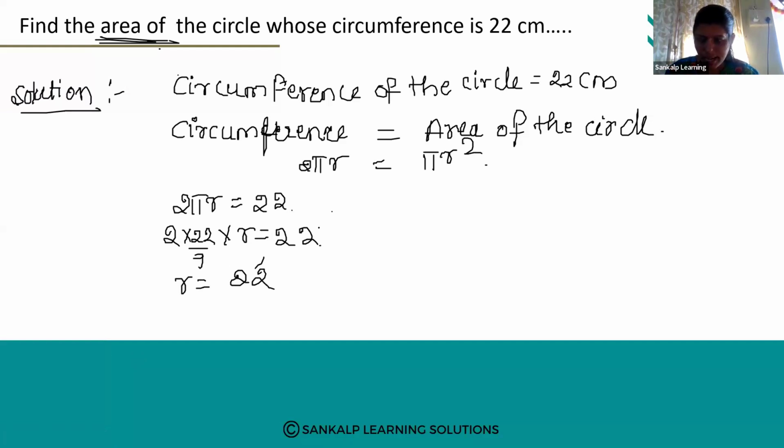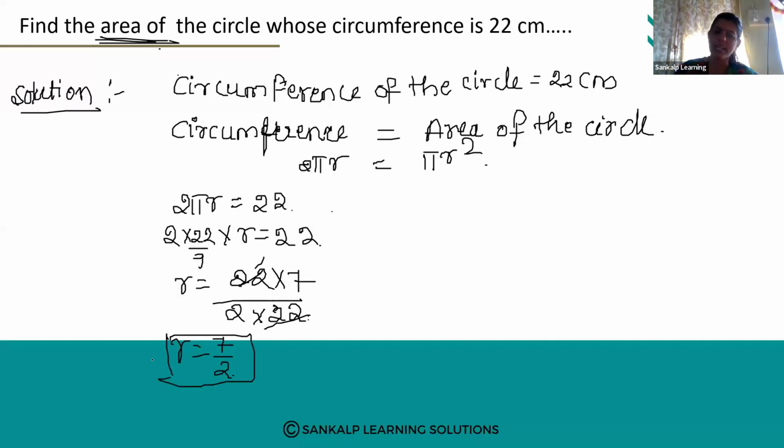Transfer this 2 to this side, it becomes divided by 2, and when you shift 22 divided by 7 to this side, 7 will go up and 22 will go down. So 22 will get cancelled. Finally, you will get r is equal to 7 divided by 2. This is the radius of the circle.